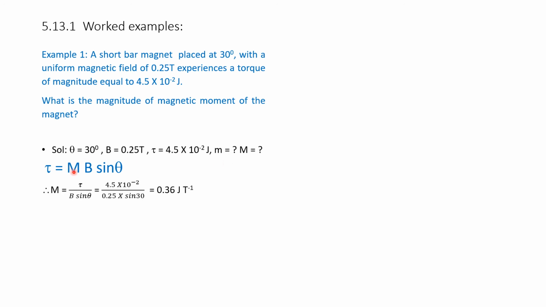From this equation, we rearrange the factors in such a way that m comes on the left side and the remaining on the right side, so that we can substitute their values easily. So right side is tau divided by B sin theta. Hence these values have been substituted and calculated. It is calculated as m is equal to 0.36 joules per Tesla.